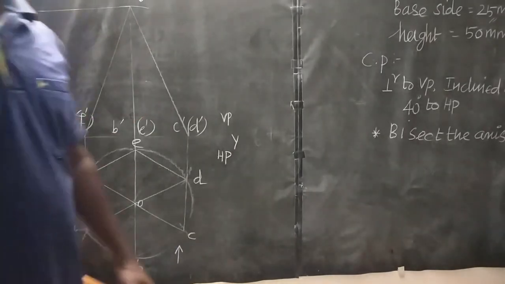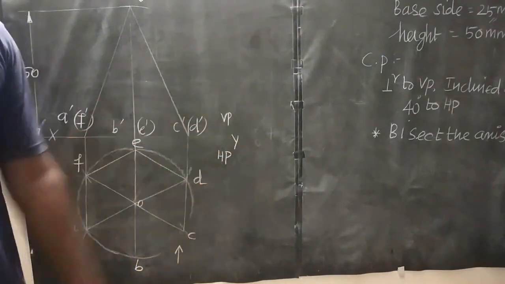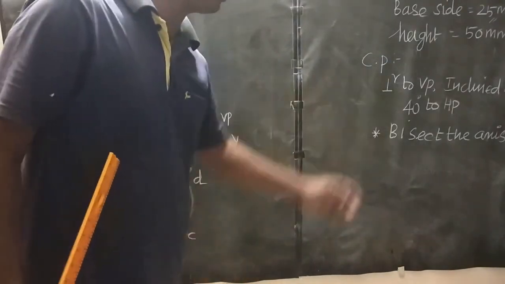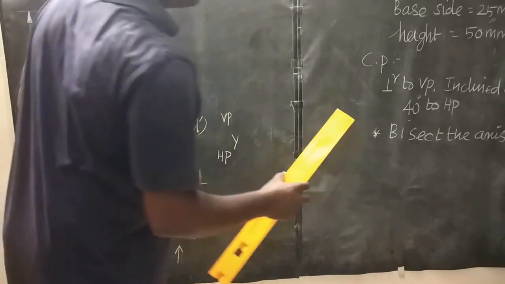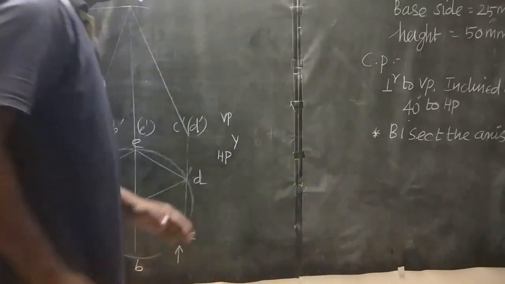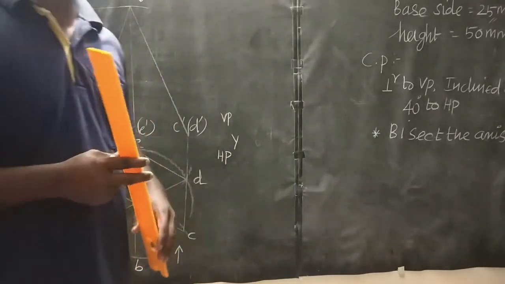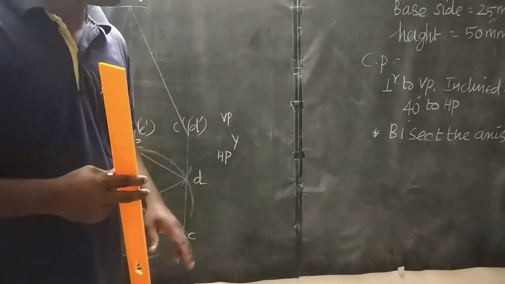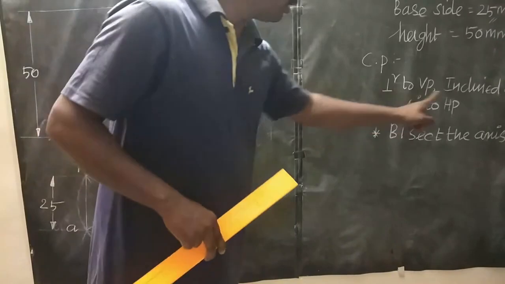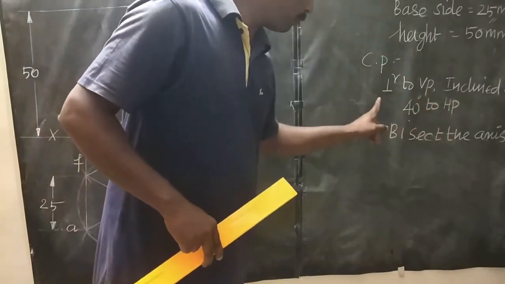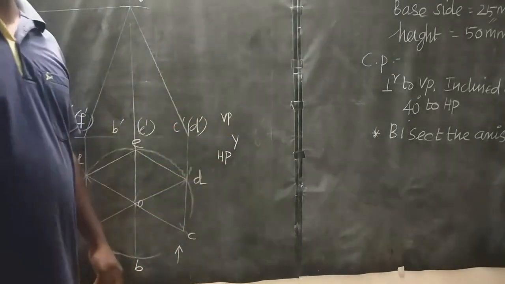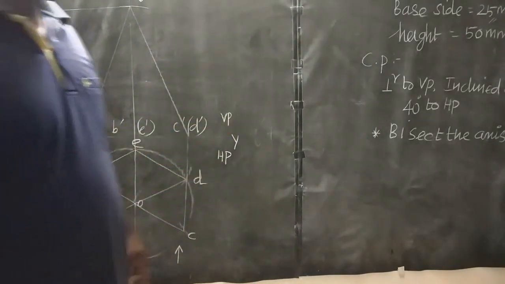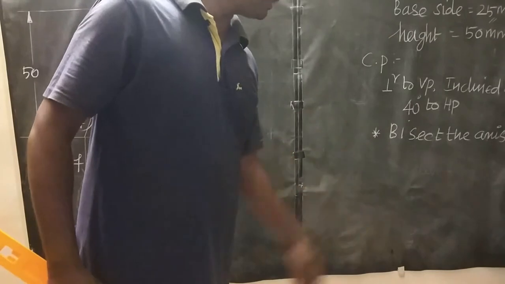Okay. The next step is to draw the cutting plane. For that we have two statements in this problem. See here the cutting plane. Inclined to VP? No: inclined to HP and perpendicular to VP. So in a front view, this cutting plane appears as a straight line. Then this cutting plane bisects the axis.